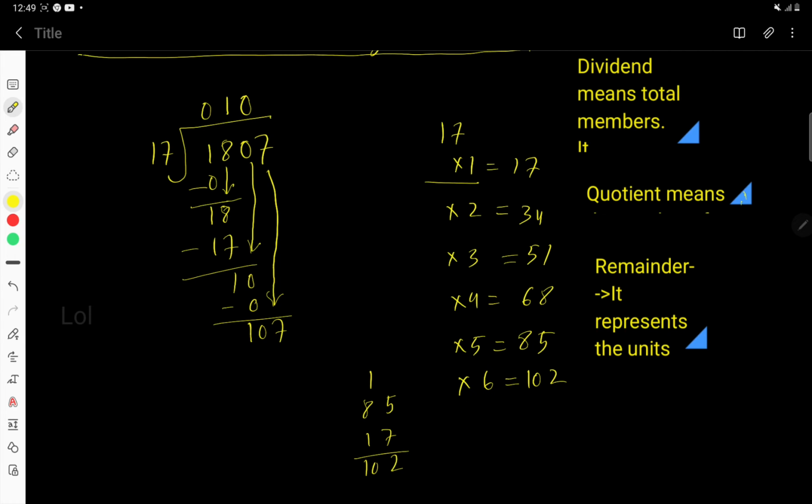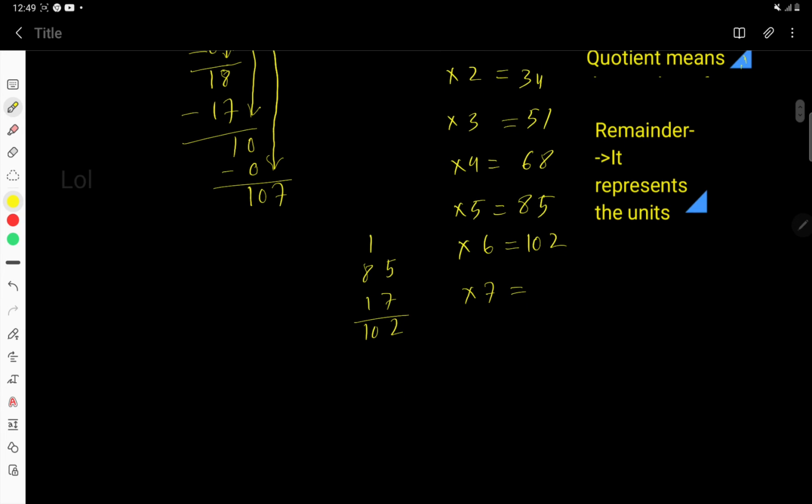102, right? And okay, if you take here 7, then just add 17 with this result.